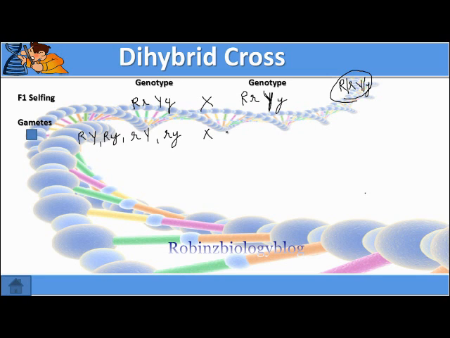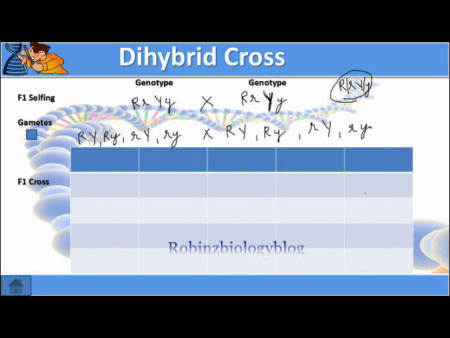Similarly, for this one, capital R capital Y, capital R with small y, small r with capital Y, small r with small y. So this time we have 4 combinations which are possible in terms of gametes. So the F1 cross here becomes a little big because we have to talk about all these.